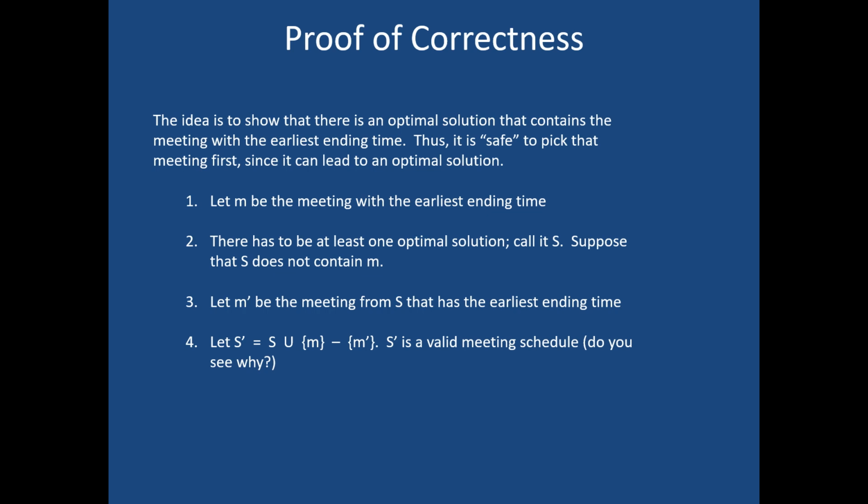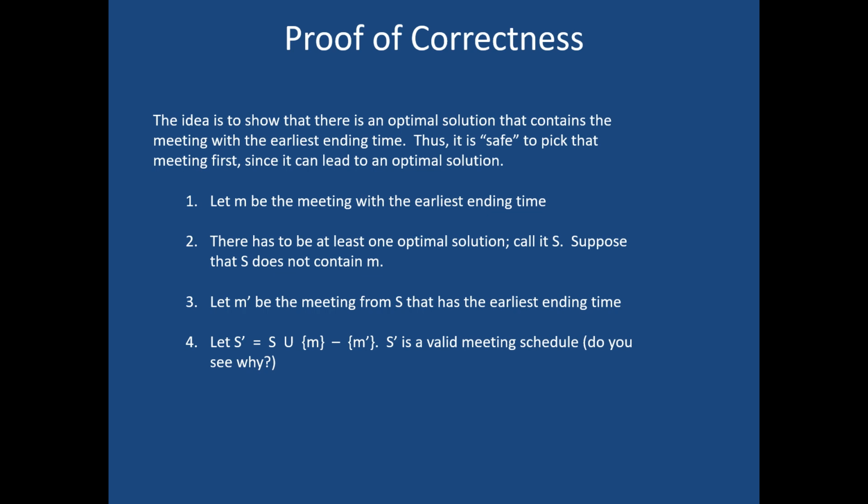Okay, so let's go from there. M ends before M prime, so why will taking out M prime and introducing M not cause a problem? Because it'll end before any of the other meetings start. Yeah. So by necessity, M prime ended before any other meeting in its schedule started. And M ends even earlier. So it's not going to conflict with those meetings either. So it's safe to remove M prime and put M in.